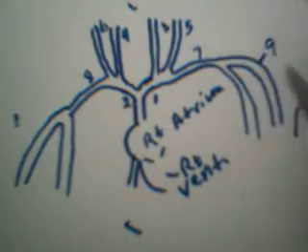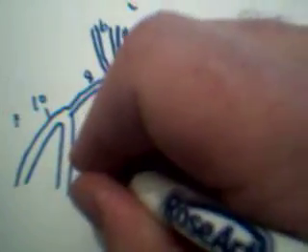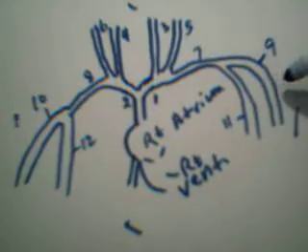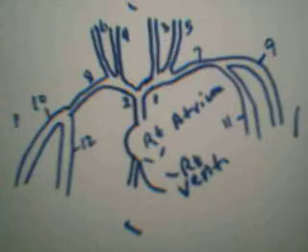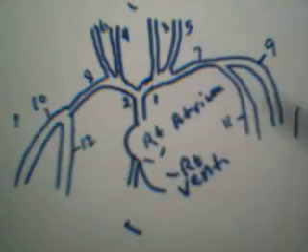So number 9, and then over here we would have 10, and then 11 and 12. So number 9 is the left cephalic vein, and number 10 would be the right cephalic vein.